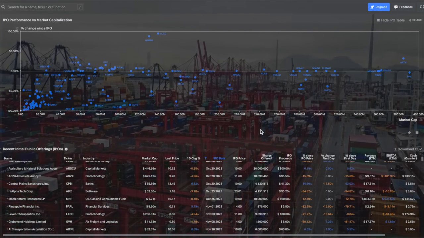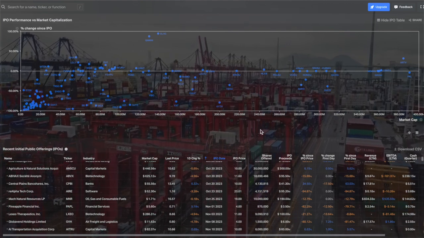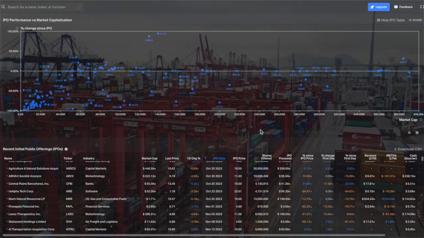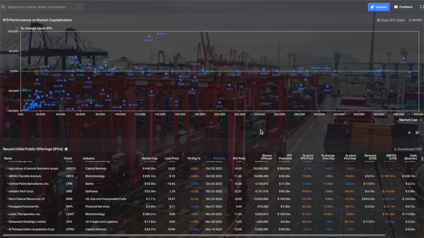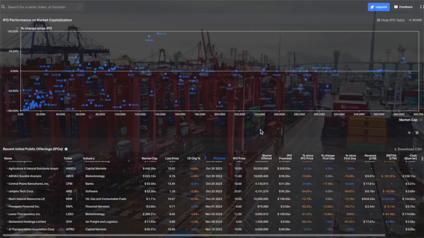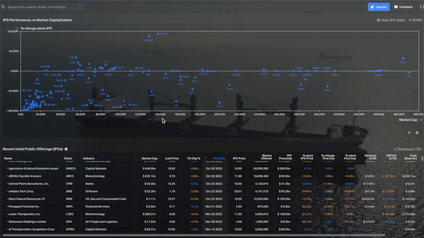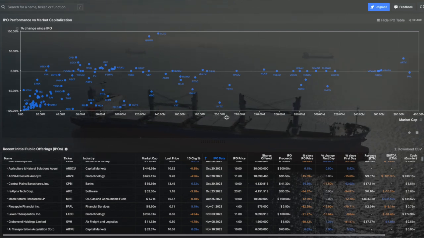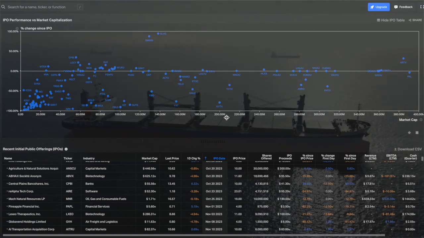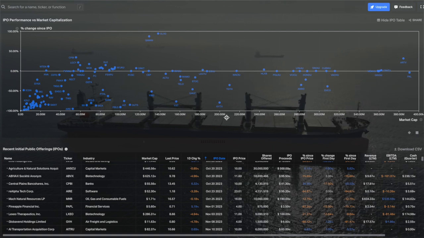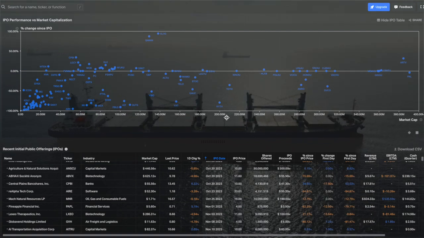I wouldn't have known that if I didn't have Koyfin, actually. That's why I'm finding this tab really, really useful. Anything below 400 million has been negative. And the reason why I put minus 100% is because if you IPO at a certain price, well, I could be wrong, but if you lose 100%, the stock has basically gone all the way to zero.